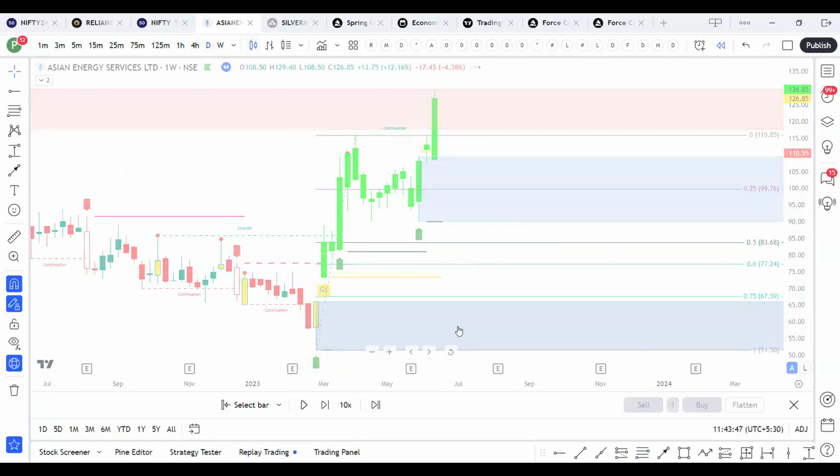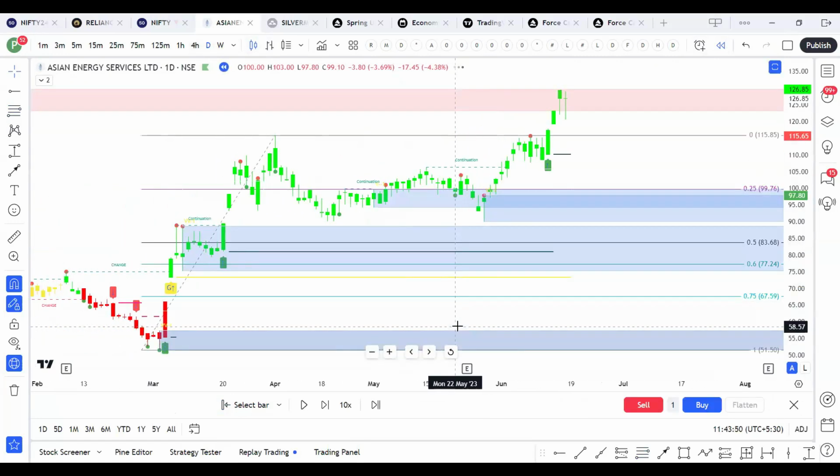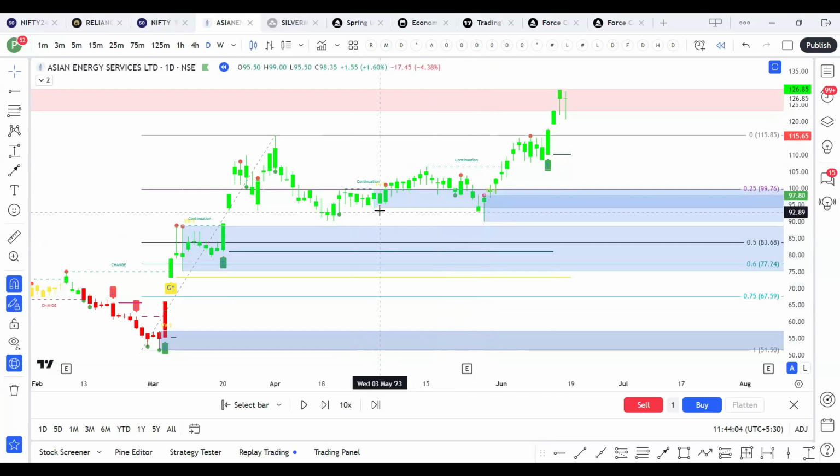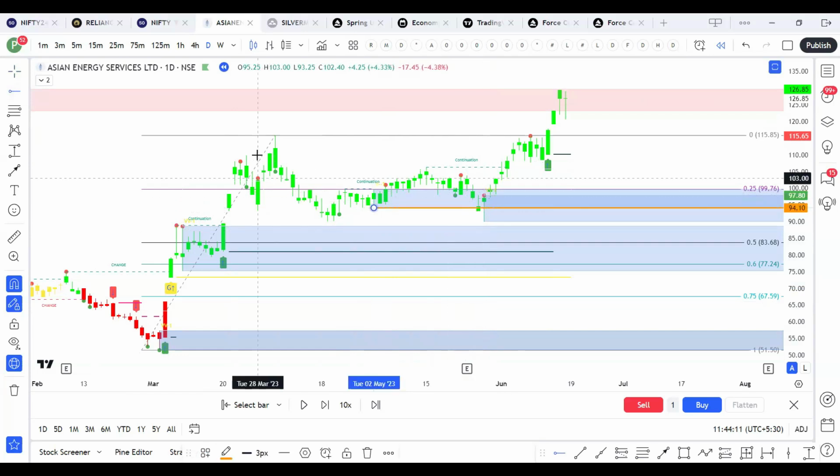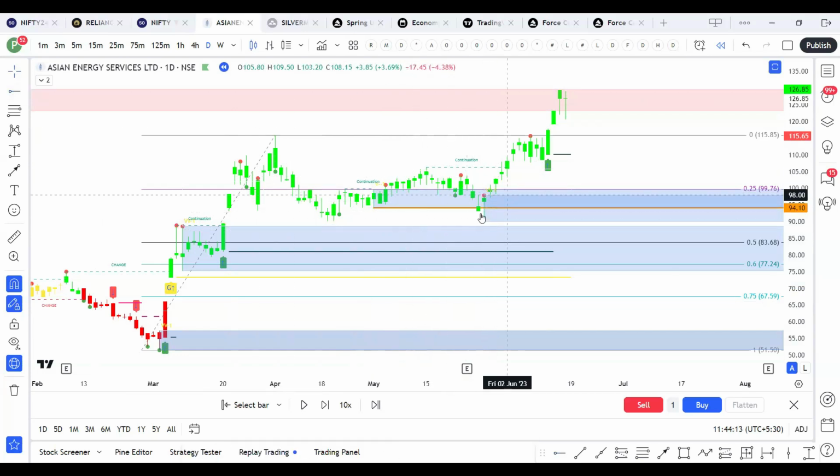And if we check the daily chart, what happened? It went up again, created a continuation, and gave a retracement entry in this buying area. So if our bias is bullish, we could have bought on the daily chart here in the buying area with a stop loss below this on a closing basis. As price did not close below this, it was a valid trade.